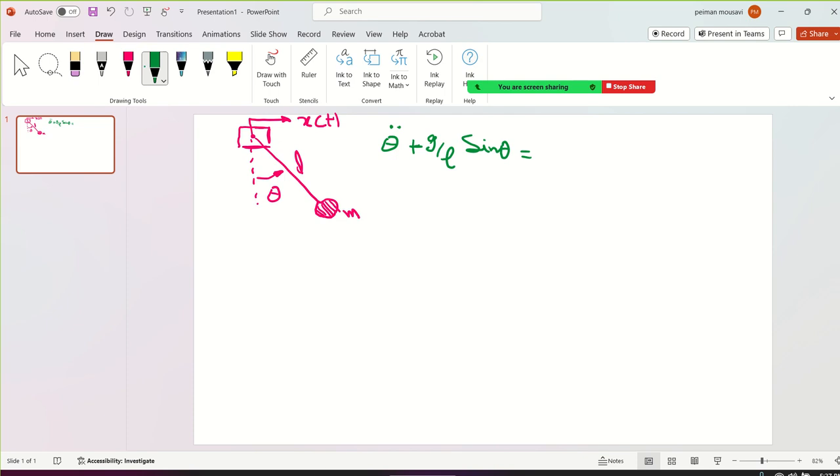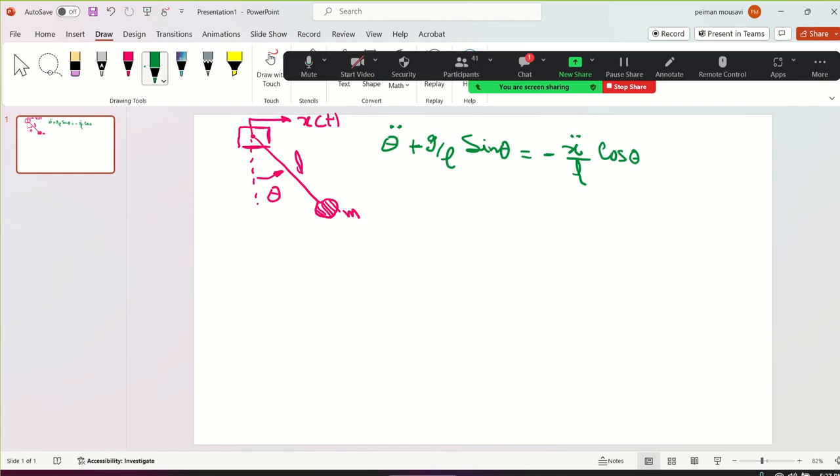I told you the left-hand side is always the internal dynamics of the system. The system behaves by itself. You should have learned this in your differential equations course. And the right-hand side, if I remember correctly from the previous class, look at your notes, correct me if I'm right, was minus x double dot, hopefully.